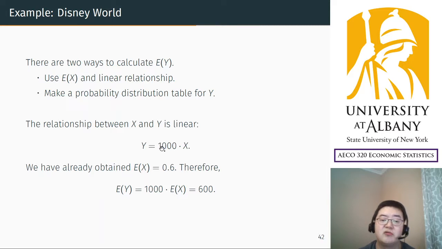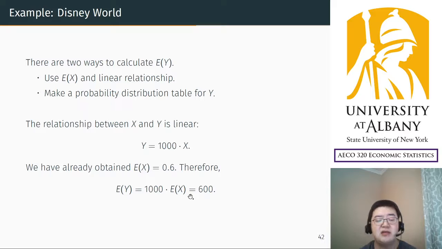So simple linear relationship. And then plug in the original expectation into the place of x. So replace x with expectation of x. Then you get 1,000 times 0.6, which is 600. So it is the expected total spending.